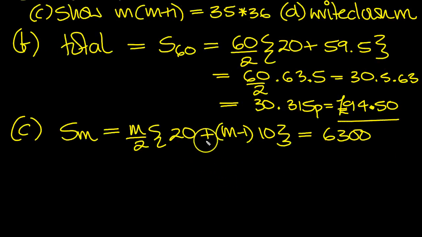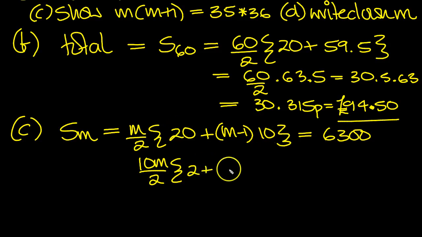So what have we got here then? Well, we can take out a 10 as common. 10m over 2, times the bracket, which is now 2 plus m minus 1, is equal to 6,300. Cross out a 10.